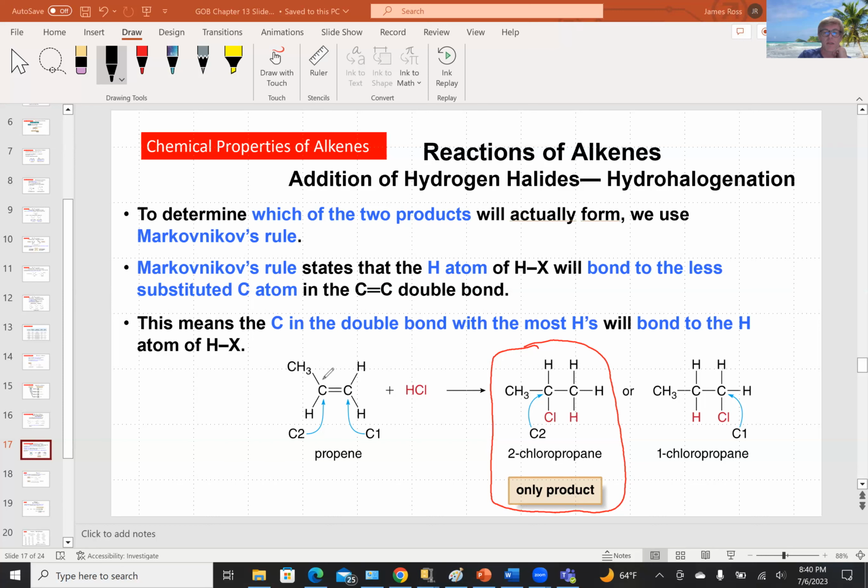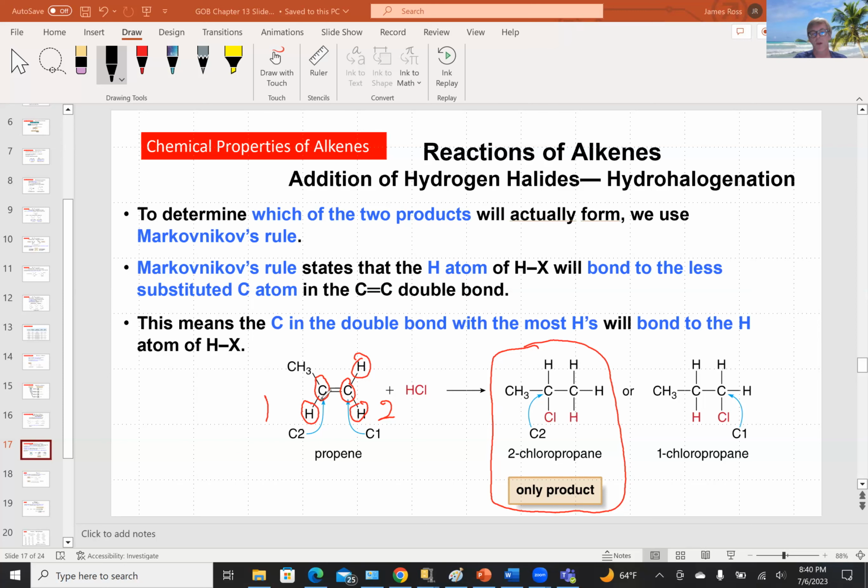So if we look at these 2 carbons in the double bond, this carbon has 1 H attached to it. This carbon on the right has 2 H's attached to it. We're not interested in the methyl H's. It has to be directly bonded to the carbon of the double bond.